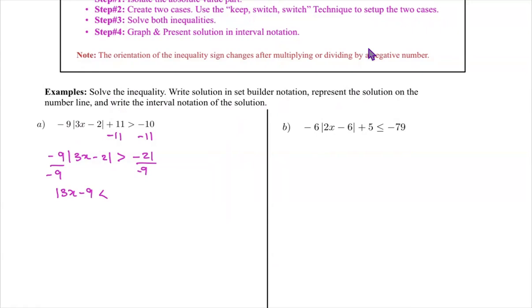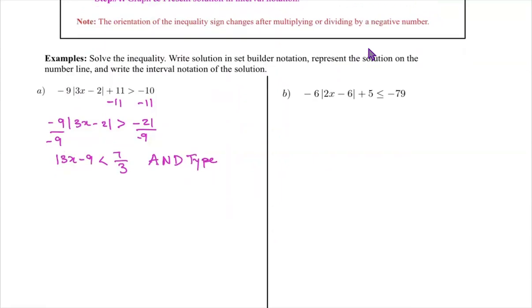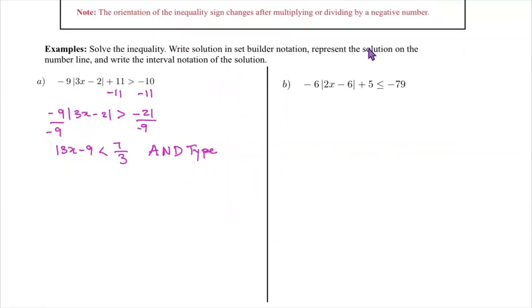that is positive 7 over 3. So this is an AND-type, because it's an AND-type, we can set up the expression inside of the absolute value in between.